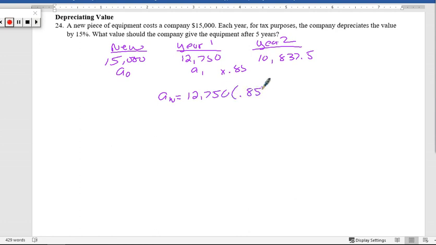I know our r value is 0.85 to the n minus 1, and I want to know what it's going to be after year 5. 0.85 to the 5 minus 1, and when you get that in a calculator, this particular piece of equipment will be worth $6,655.88. Okay, and that is going to finish up our applications of the geometric sequences.